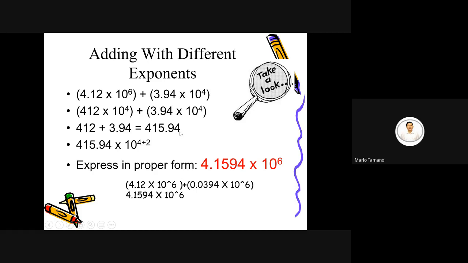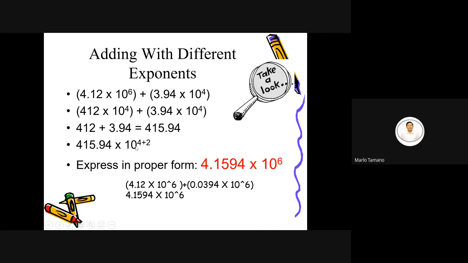415.94. Is it correct? Tama? Yes. Kapag whole number po, nasa right po ang decimal, ay doon po ninyo itatapat yung decimal na ito, tapos 94. So, 412 plus 3 is 415.94. Ito na po yun. So, 415.94 times 10 to the 4th power.